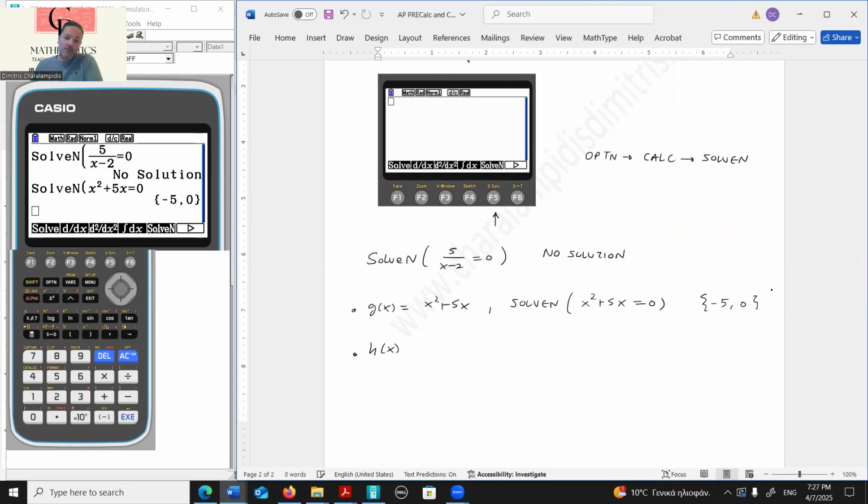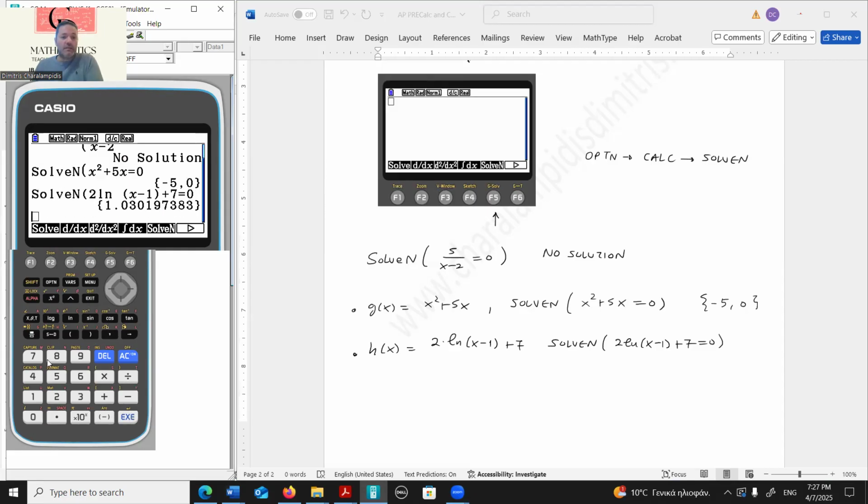Another example, h of x is 2 times ln of x minus 1 plus 7. So once again, we should go in the solve command and simply input this info. Solve 2 times ln bracket x minus 1, close the bracket, plus 7 equals, with shift and dot, 0, exit.